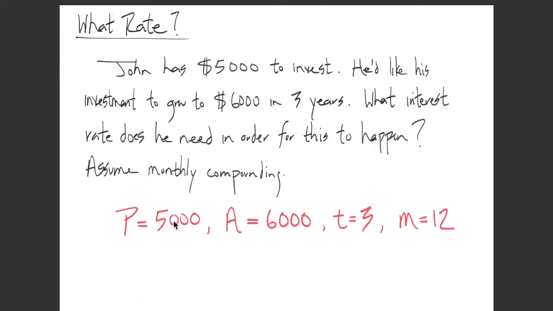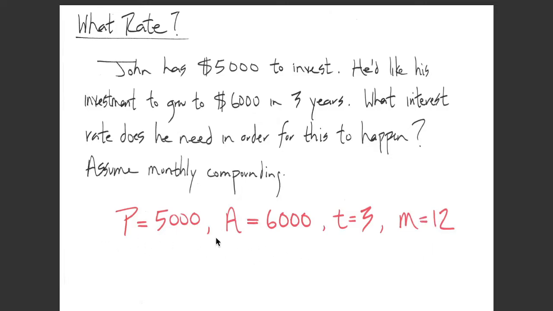In this case, our principal is 5,000, and the accumulated amount desired is 6,000, after a time of 3 years. And because we're told to assume monthly compounding, the compounding frequency m is 12.